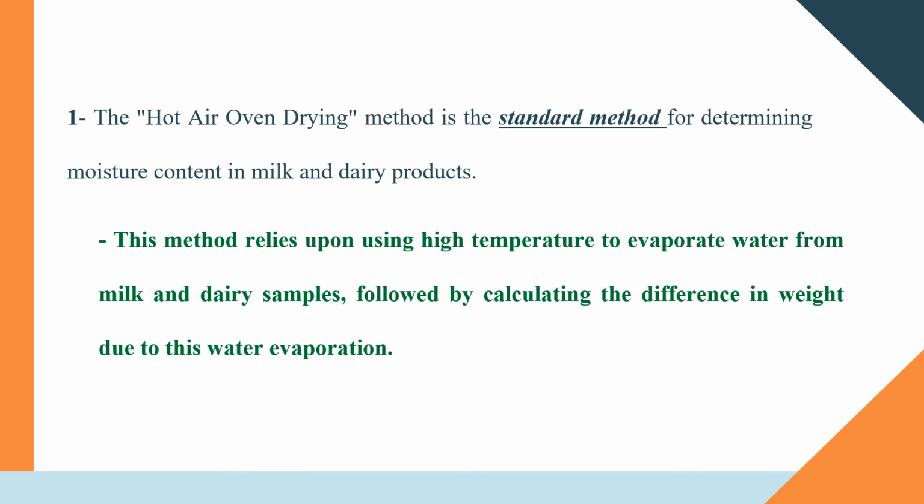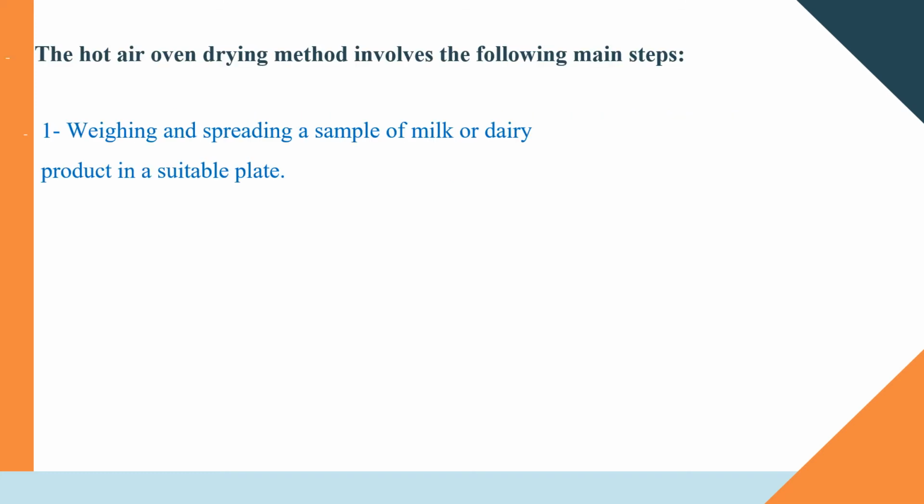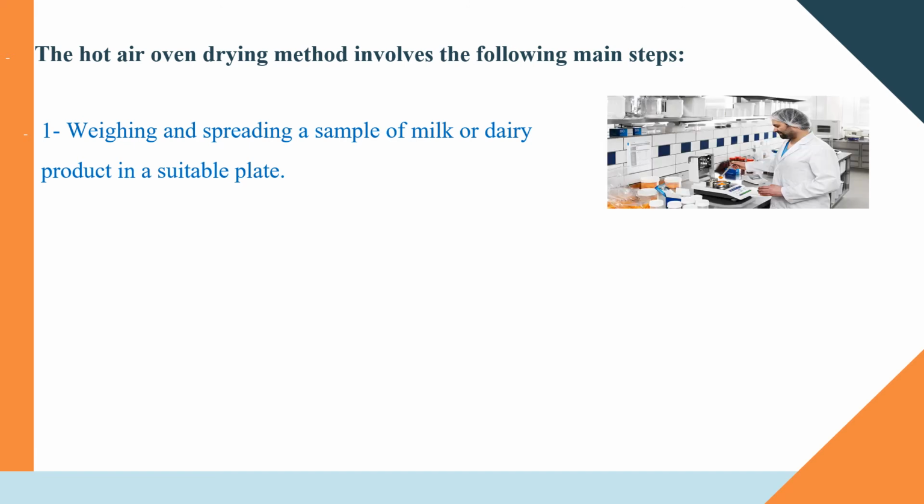I believe that you have been aware of this method before, and you are going to do it during the practical session for this course. But I may give you an overview of the main steps in this method. This method starts with weighing a sample of milk or dairy product in a suitable container, like what this guy is doing now.